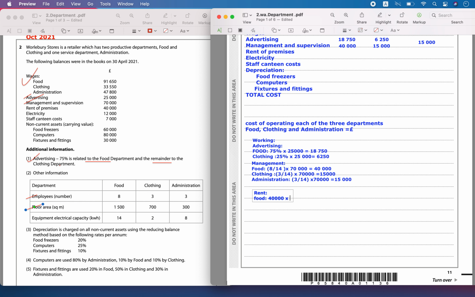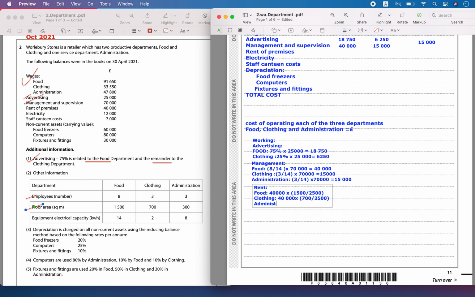So for the food department the ratio is 1,500 out of 2,500. For the clothing department, it is 40,000 times 700 out of 2,500.